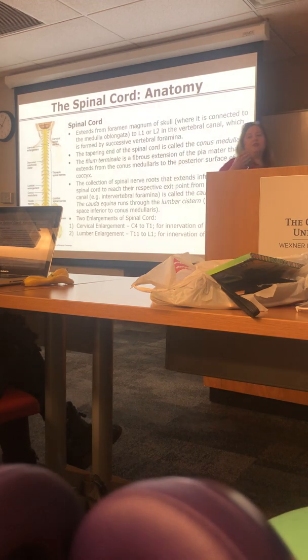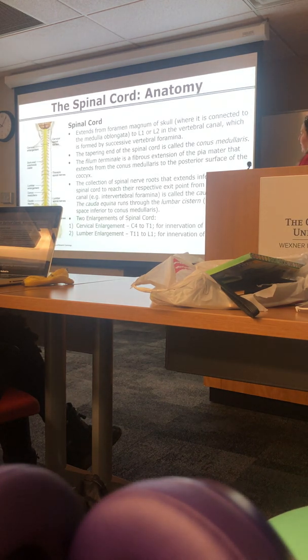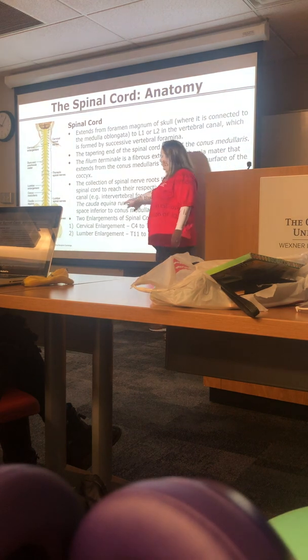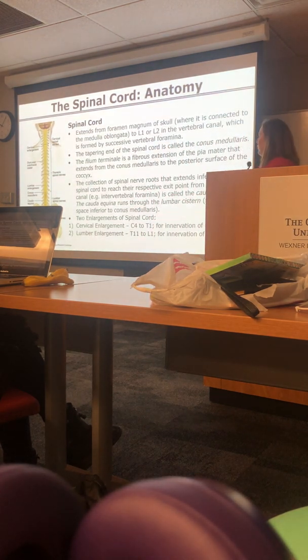That collection of nerve roots that goes down inferior to the conus medullaris is called the cauda equina, the horse's tail. It looks like an actual horse's tail. We'll take a look at a couple of those, and you'll also see that in the laboratory. It runs through the lumbar cistern, which is just an area of a lot of cerebrospinal fluid, so it's in that subarachnoid space.